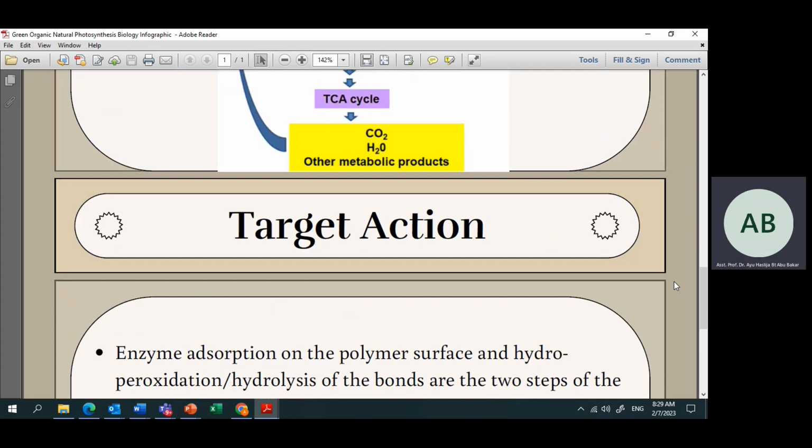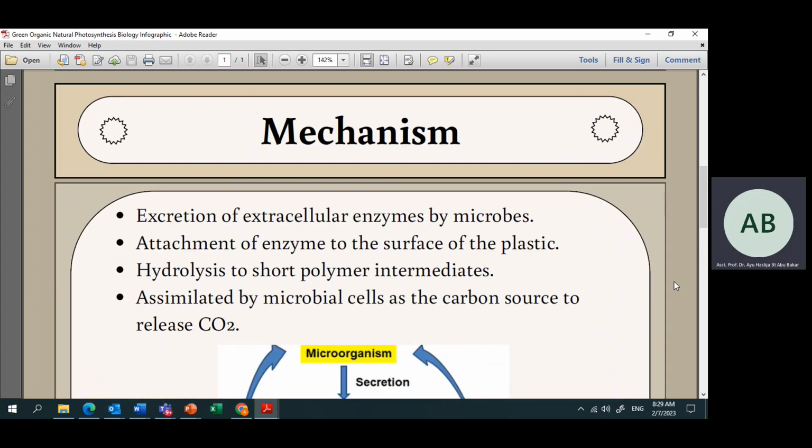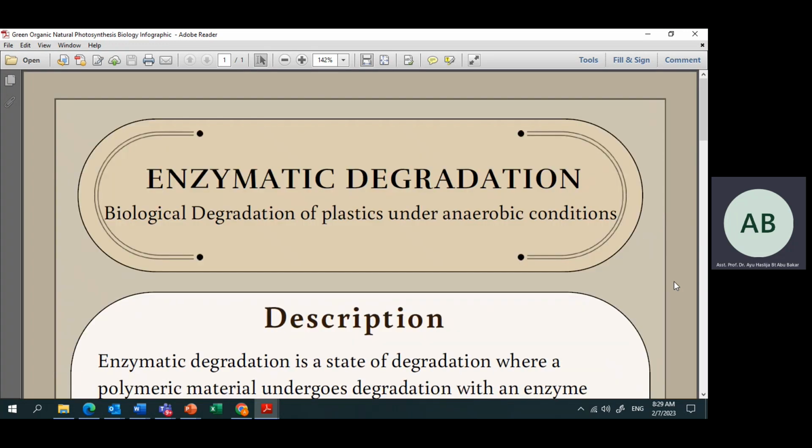So for the biodegradation method, enzyme degradation is the first step. A microbe attaches to the surface, then it releases the enzyme for the reaction. That is the first step.